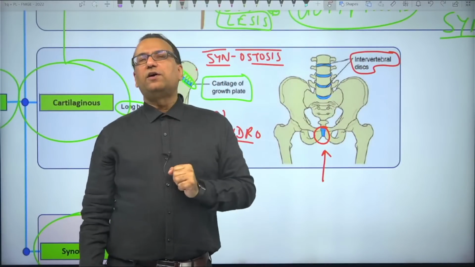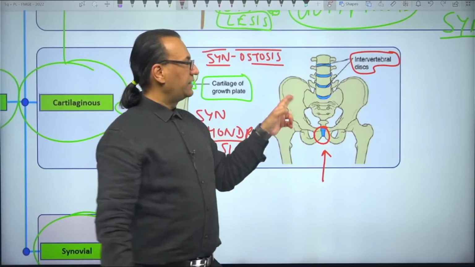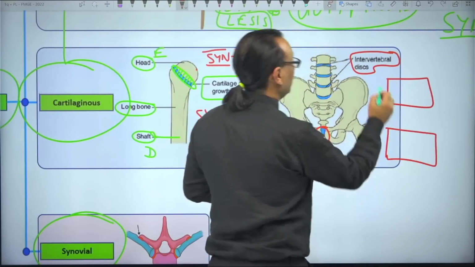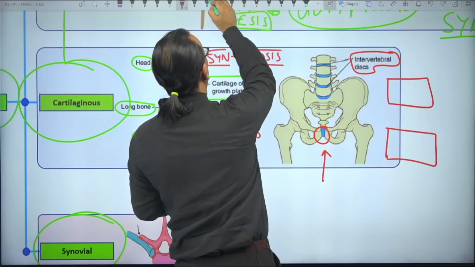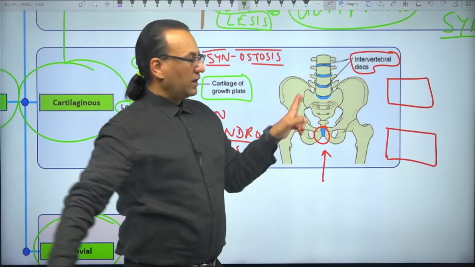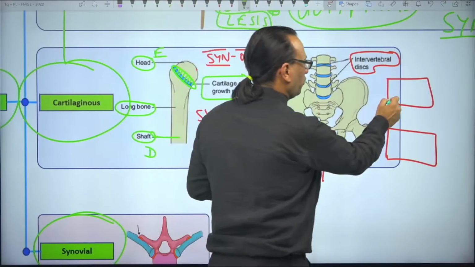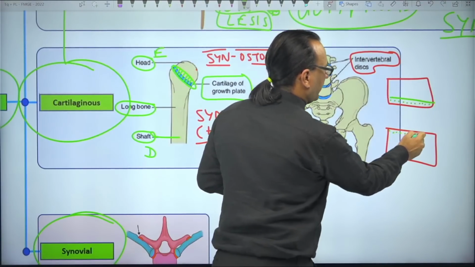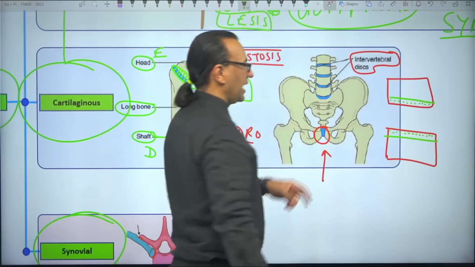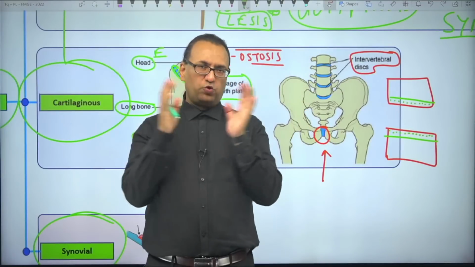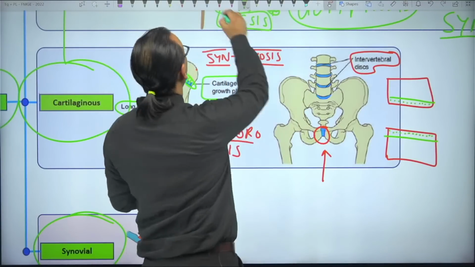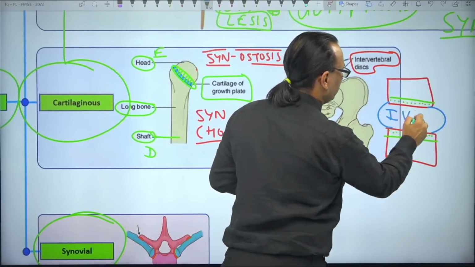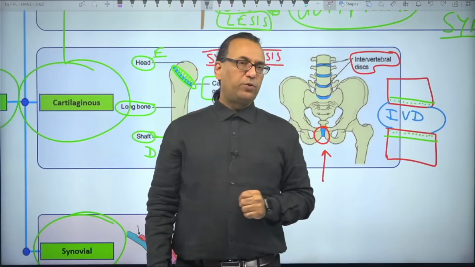What is the structure of a symphysis? You will see that there is a bone meeting with another bone and they are each lined by some hyaline cartilage. So one vertebra is lined by some hyaline cartilage here, the other vertebra also lined by some hyaline cartilage here, and sandwiching the two vertebrae there is another structure called the intervertebral disc, which is made up of fibrocartilage.